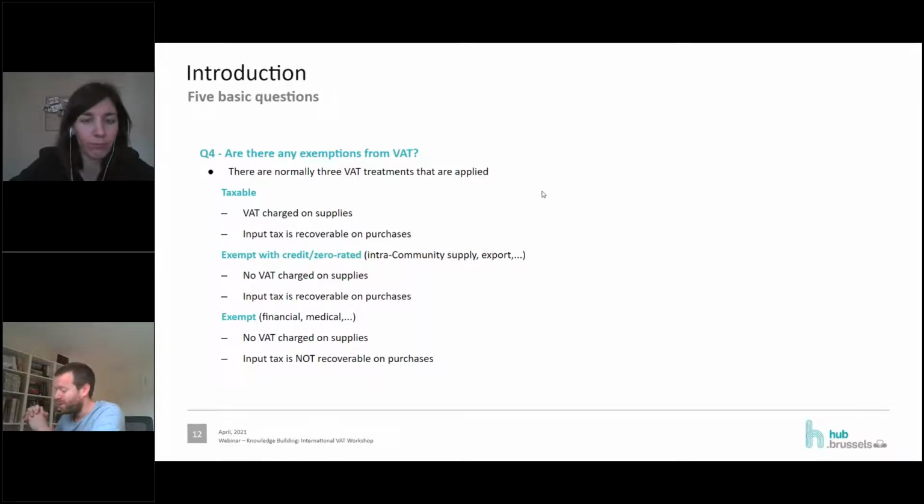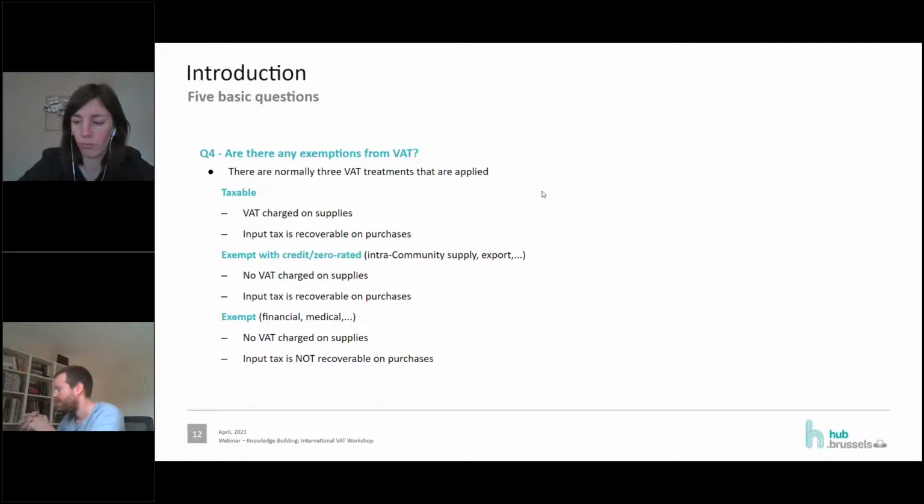So question 4, and that's what I was referring to for intracommunity supply. So 3 types of different VAT treatment would be applicable. You have what we call taxable, so where VAT will be charged on your invoice. You have what we called here on the slide exempt with credit, 0 rated. So there, no VAT is actually charged on the invoice, but someone will have to pay the VAT, and that's what we refer to as the intracommunity supply of goods.